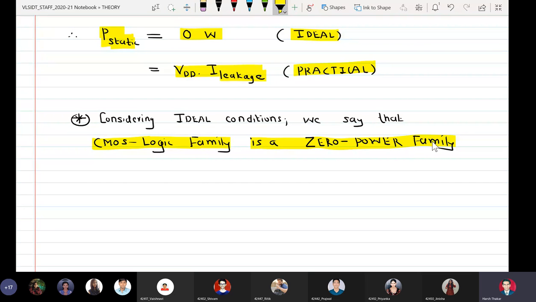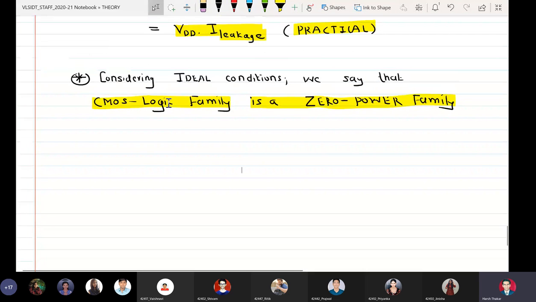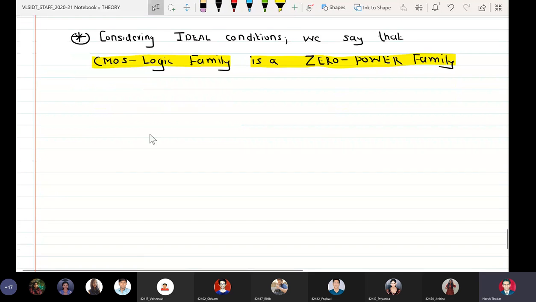Always there are switchings. So CMOS logic family is a zero power family if we consider ideal static power dissipation. It is a non-zero power family if we consider practical static power dissipation. It is definitely not a zero power family if we consider dynamic power dissipation. Got the point? So considering ideal conditions, we say that CMOS logic family is a zero power family.